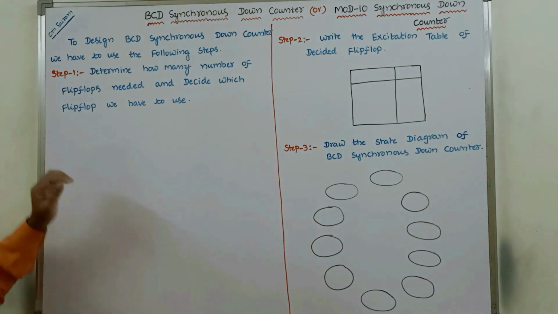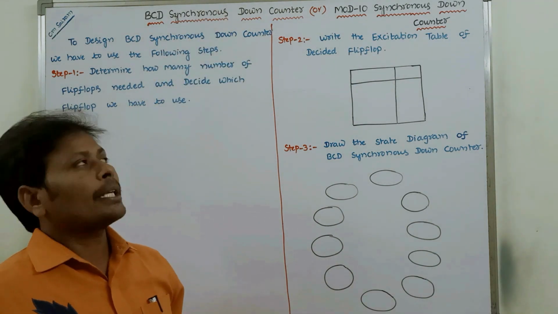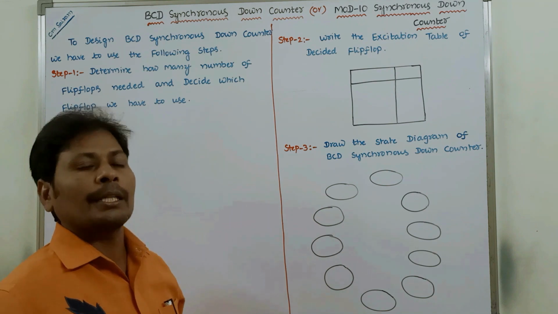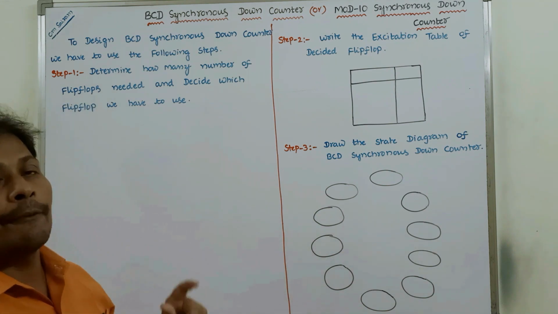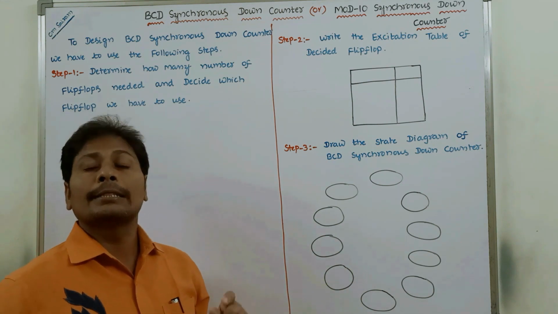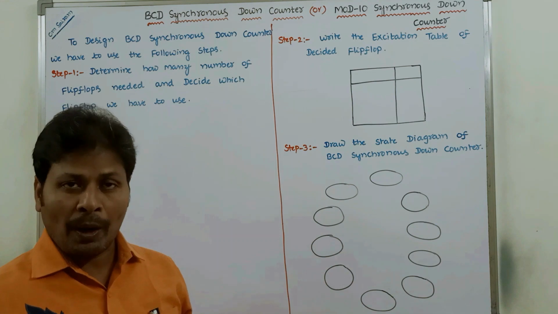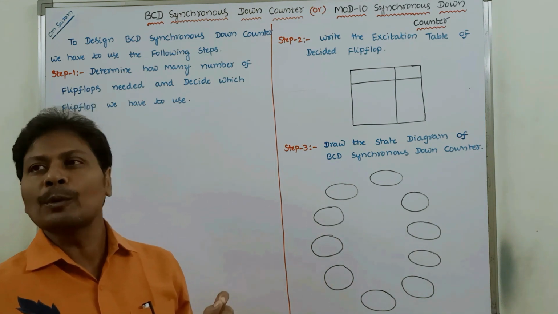Now, to design BCD synchronous down counter or a mod 10 synchronous down counter, we have to use 6 steps. The first step is determine how many number of flip-flops are required and decide which flip-flop we have to use.